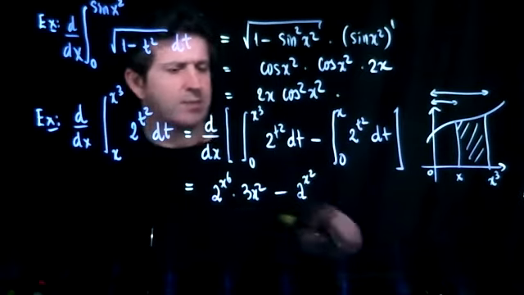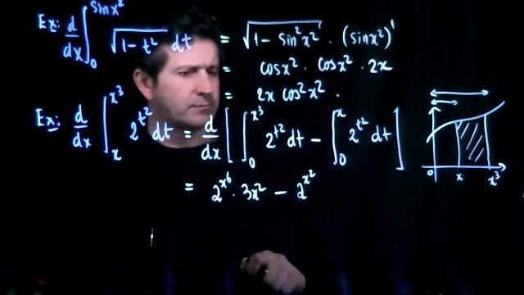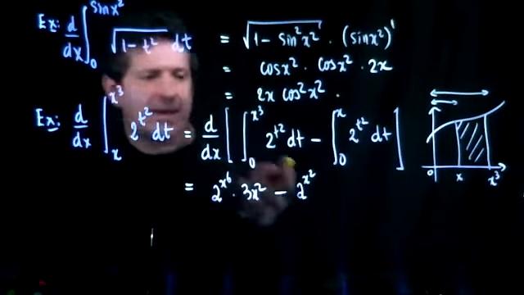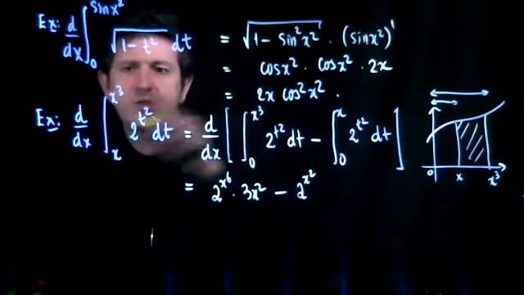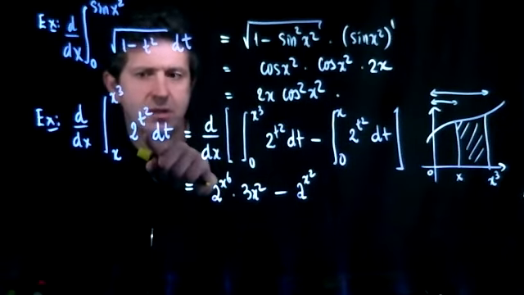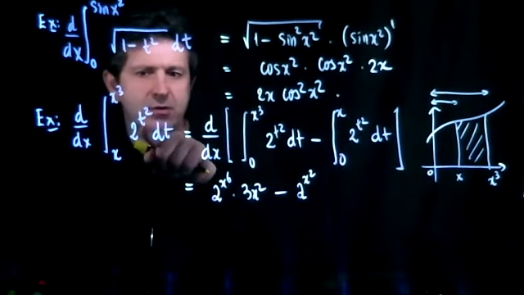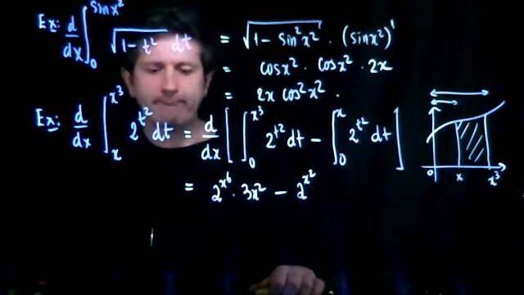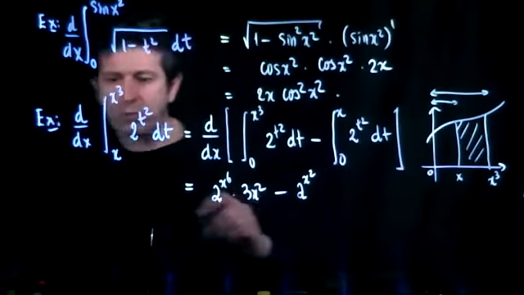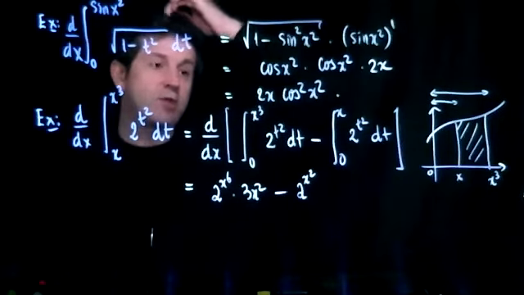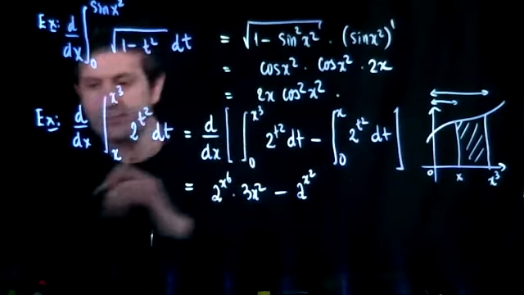Finished. And that's my answer. Okay, so basically, it ends up putting x cubed in here times the derivative of x cubed, minus putting x here times the derivative of x. Okay, try one more. And after that, that's pretty much all there is to say about the first part.